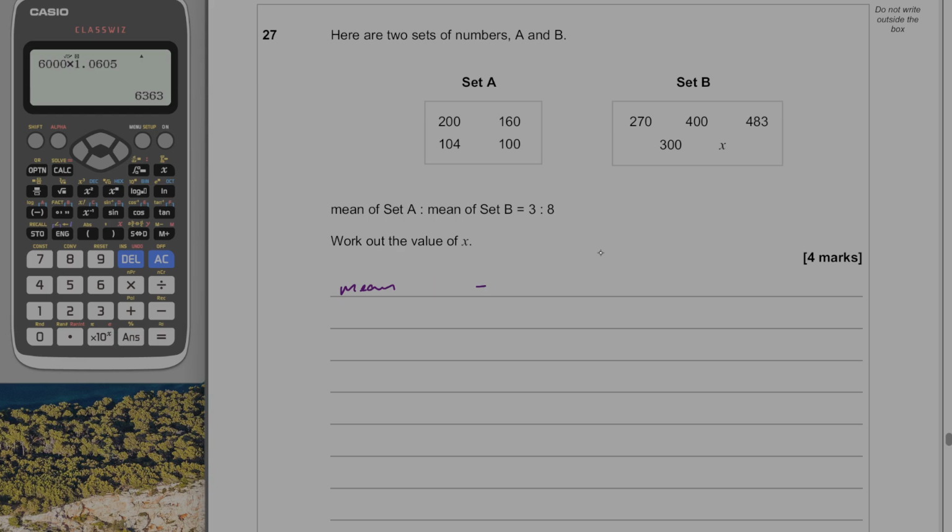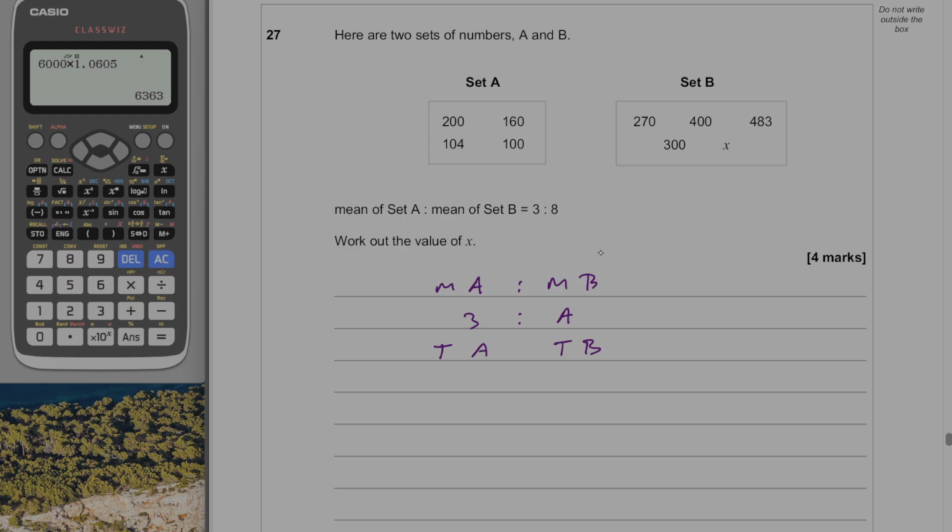So I'm not actually going to look at the means. Technically speaking, I'll explain this as I go. So the mean of set A to the mean of set B would be equal to 3 to 8. So the total of set A to the total of set B. Well, for set A there are 4, and for set B there are 1, 2, 3, 4, 5 numbers.